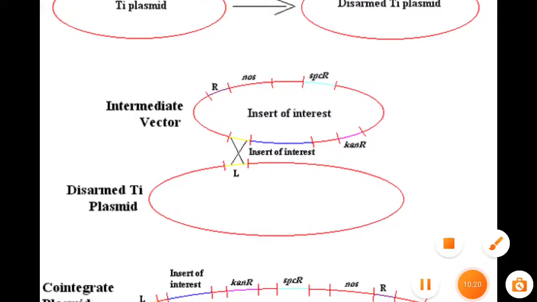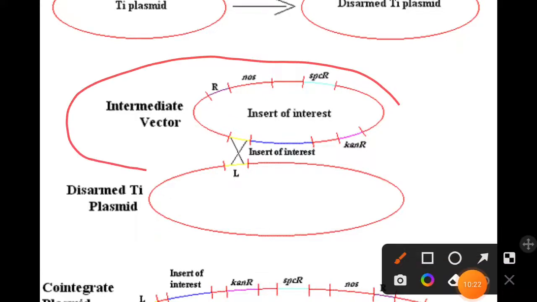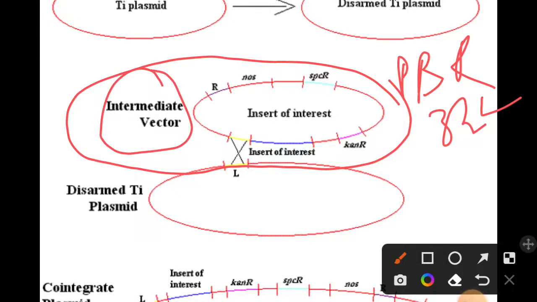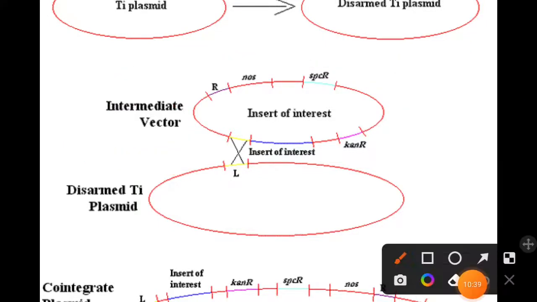Now they generate an intermediate vector artificially that can be produced with the help of pBR322, or you can also take the help of another plasmid to generate your intermediate vector. And remember, this intermediate vector should be smaller than the Ti plasmid. Okay, and in that intermediate vector there will be an inactivated virulence gene, vir minus.